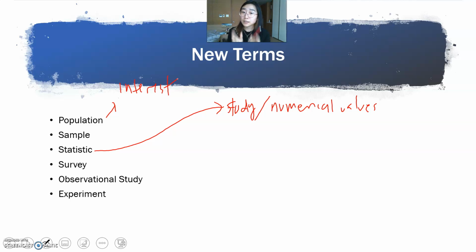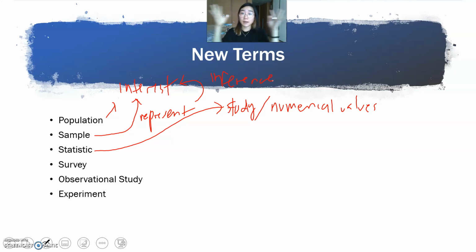So statistics is a study that uses a sample. You gather data, and the data is the sample. Hopefully that will represent the population, so that when we study the sample, we can make an inference about the population of interest. So the goal is making an inference. We're taking something smaller to say something about a greater thing. That's what statistics is.